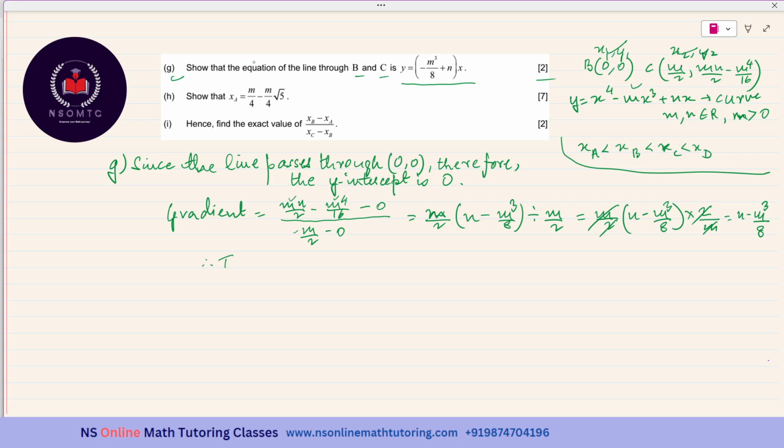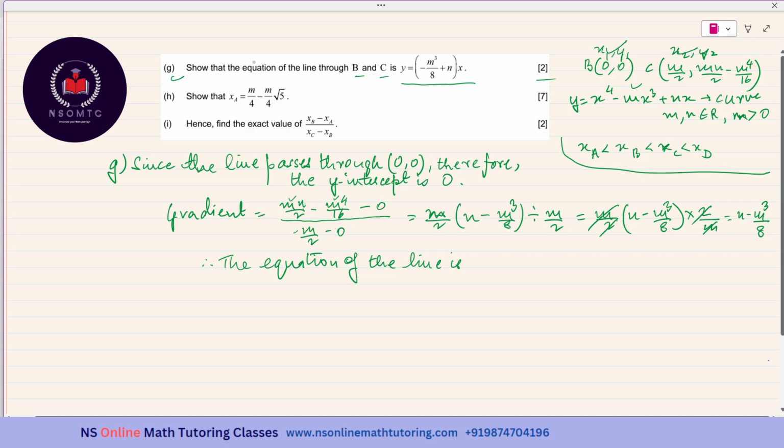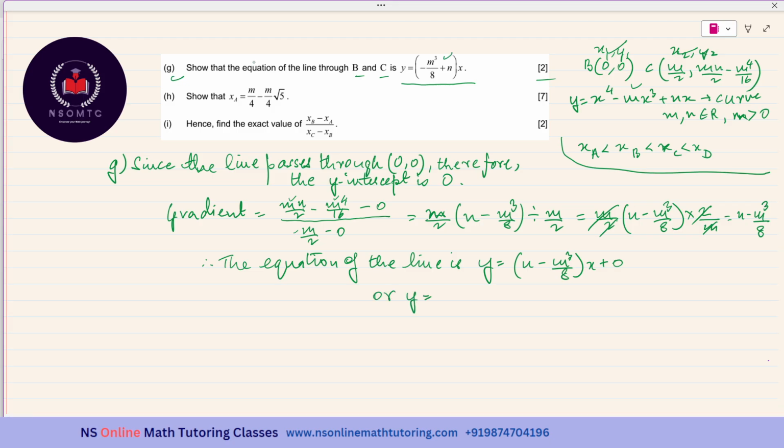Therefore, the equation of the line is y equal to mx. So it is n minus m cube over 8 x plus 0, or y equal to, since this is written first, so I have to write this first, m cube over 8 plus n x.